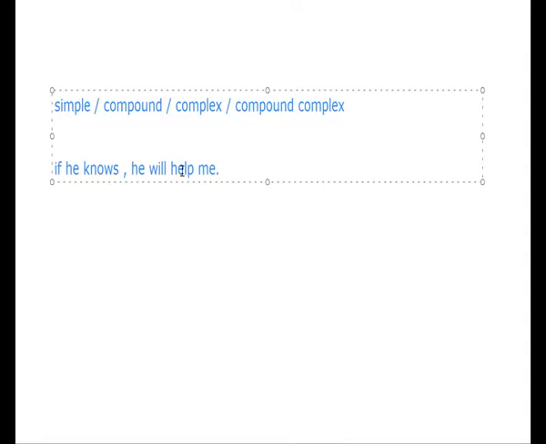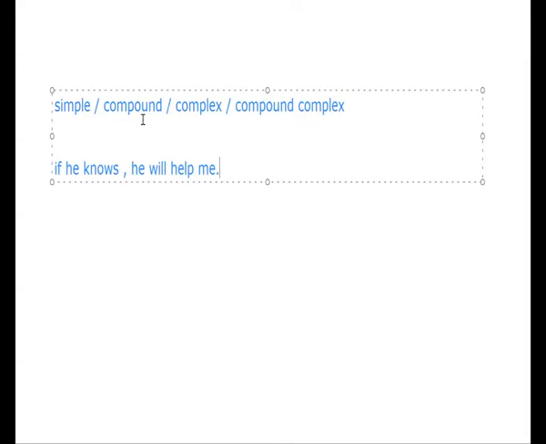Is it simple, compound, complex, or compound complex? If it is a simple sentence, I will see only one verb in that sentence. If you observe here, there are two verbs. Knows is the verb and will help is another verb. So definitely this is not simple. It has to be compound or complex. We haven't come to compound complex.